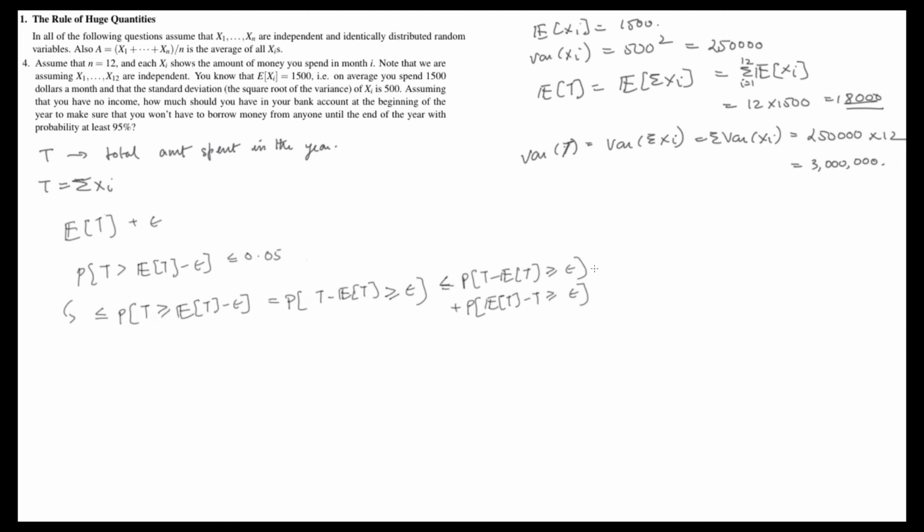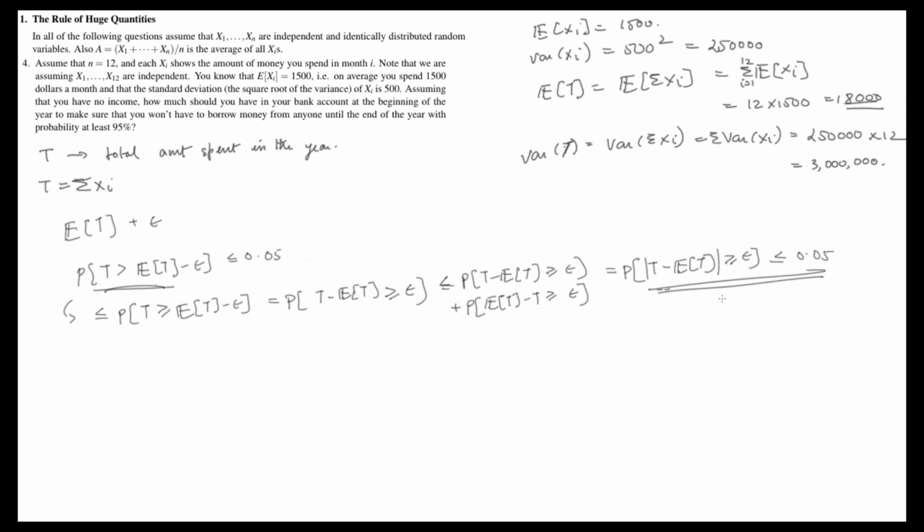And these two together are equal to the probability of the absolute value of t minus expectation of t deviating by more than epsilon. And if we bound this by 0.05, then obviously the original probability is going to be bounded by 0.05, because we've only had less than or equal to signs on the way to this expression. So if we bound something which is greater than this expression by 0.05, then it's good enough.